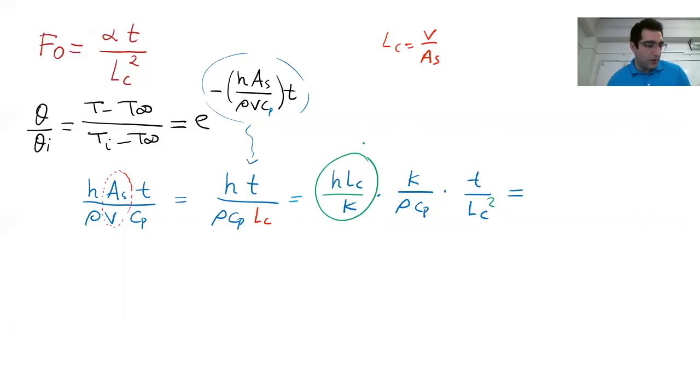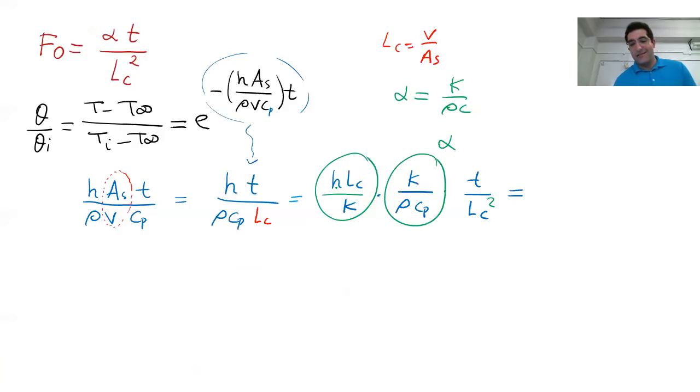This is nothing but alpha, correct? Alpha is k over rho C. My bad, sorry, this is exactly alpha.